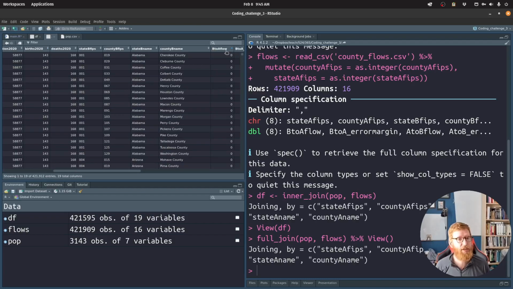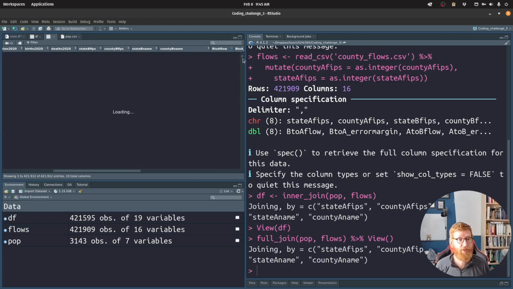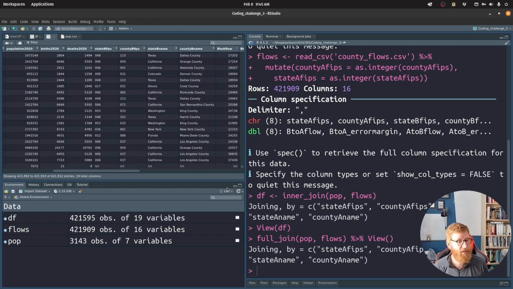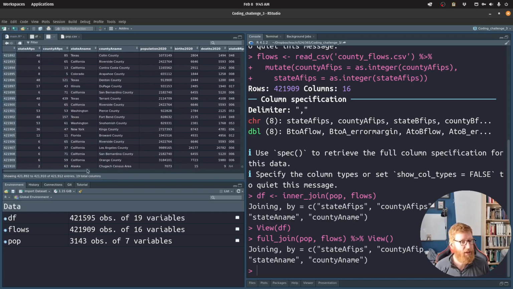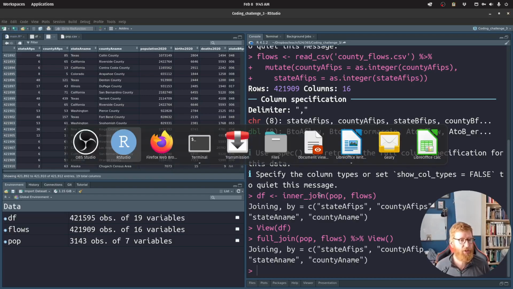Let's search on something from that flow data, scroll way down till we find some NAs and see what went wrong. So here all this flow data is fine, and then one row at the bottom with an NA from the Chugach census area in Alaska, a place with 7,000 people. I'm curious, where is Chugach?